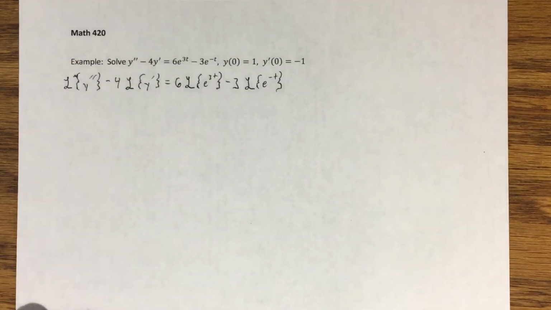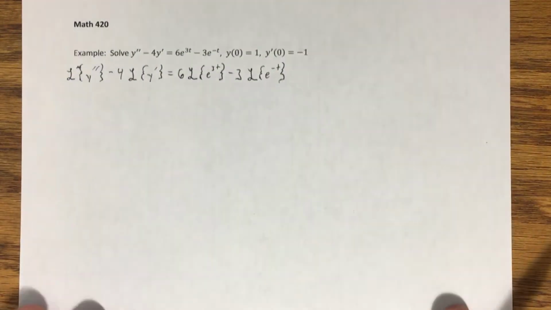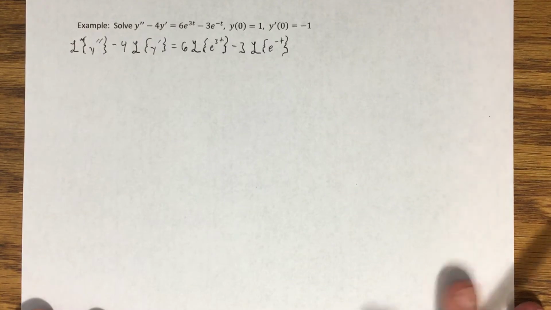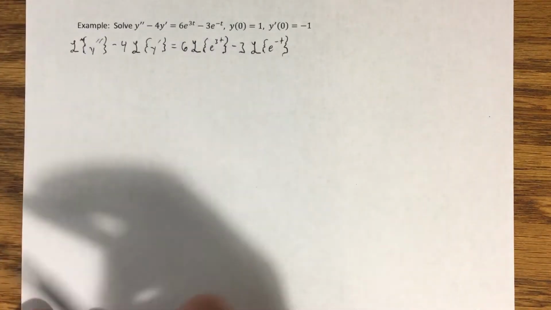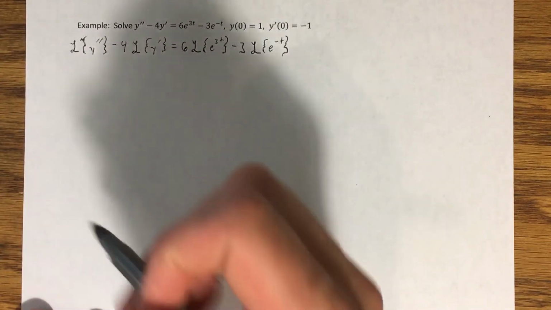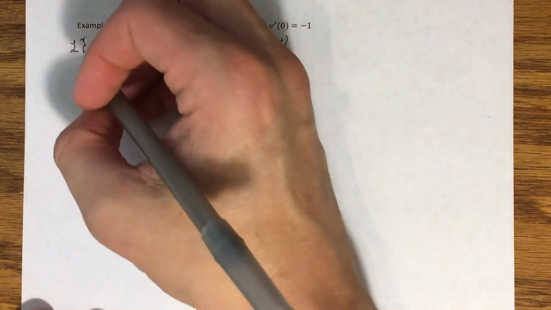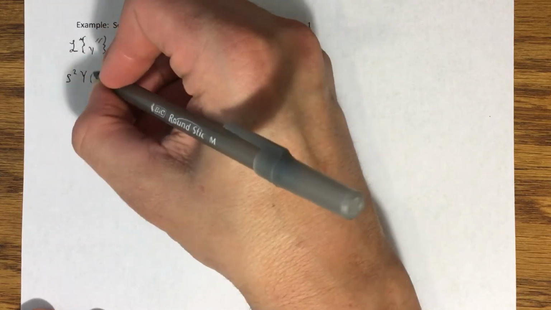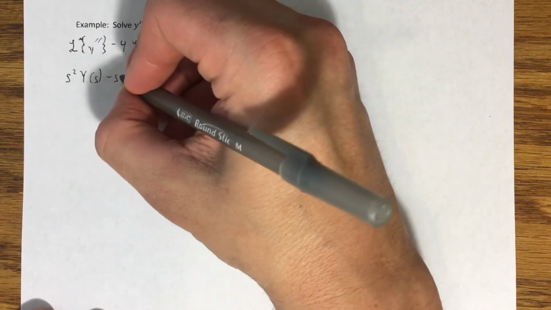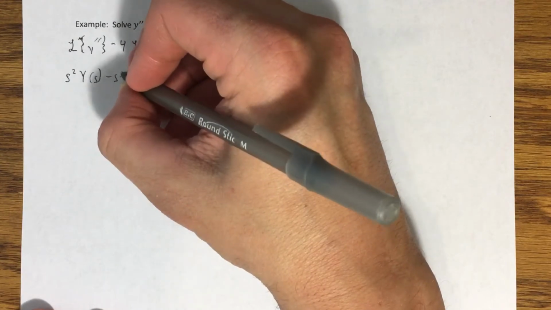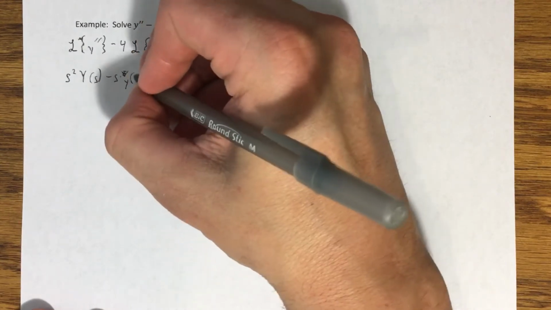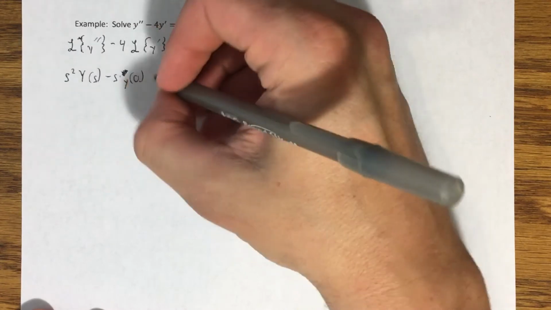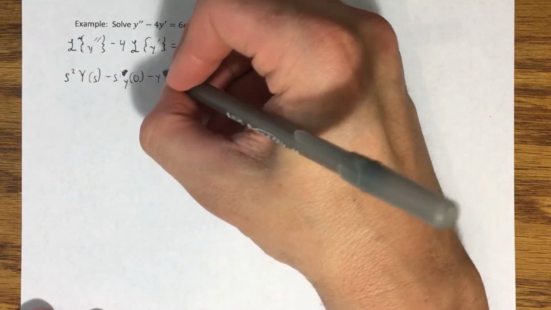Okay. Now, both of these are derivatives. One is a second derivative, and we have formulas that we've developed now for the Laplace transform of a derivative. So this first guy right here, from the formula that we worked out in the previous video, is going to look like s squared Y of s minus s y of 0, minus y prime of 0.